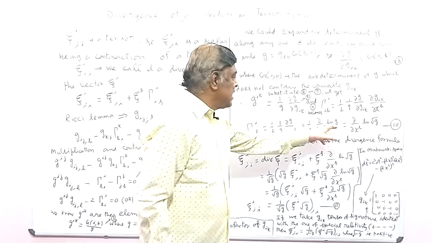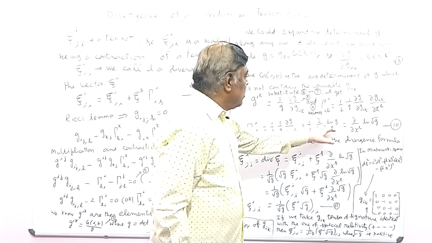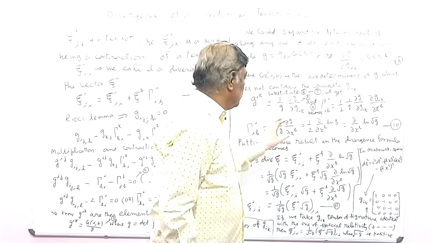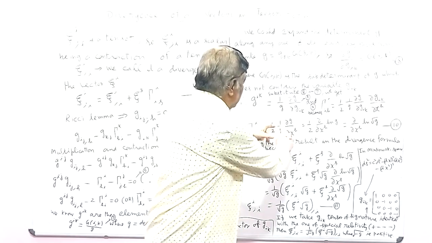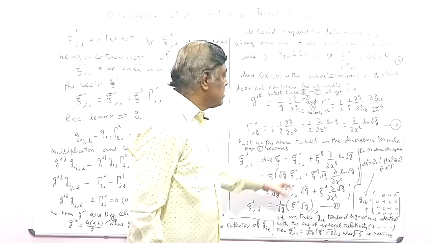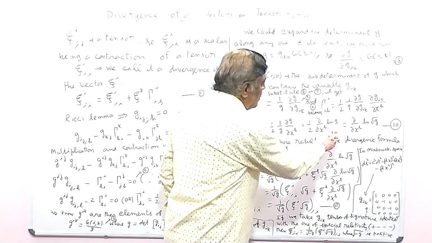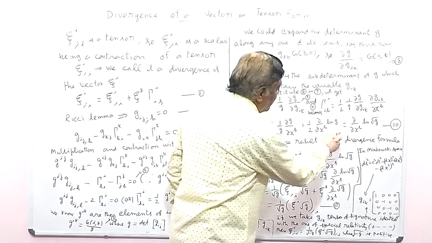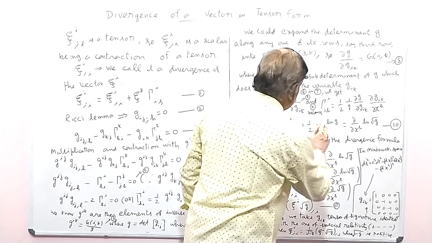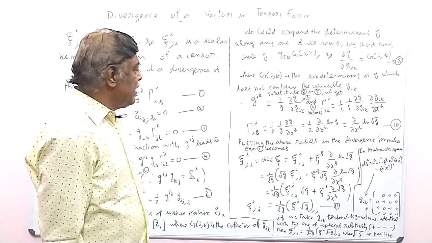If you differentiate this expression partially with respect to this coordinate, the logarithm of g gives 1 by g partial dg by dx^h. You can easily check this by differentiating. Now we take this half factor in, so this is d by dx^h of the logarithm of root g. If you differentiate this expression, you can easily check. So you are getting equation 10.